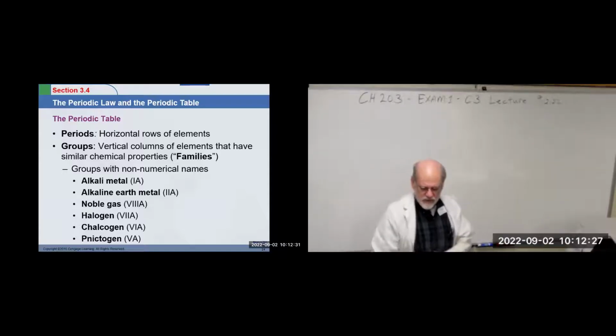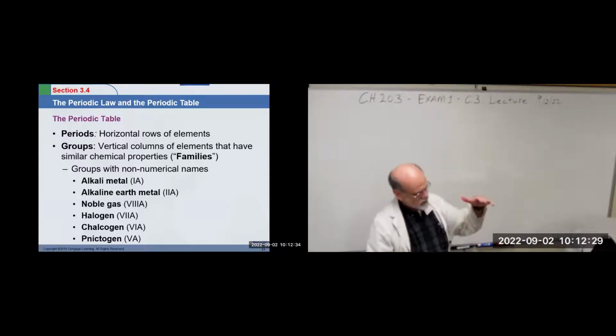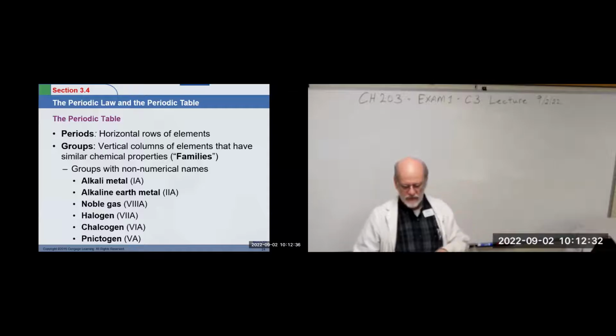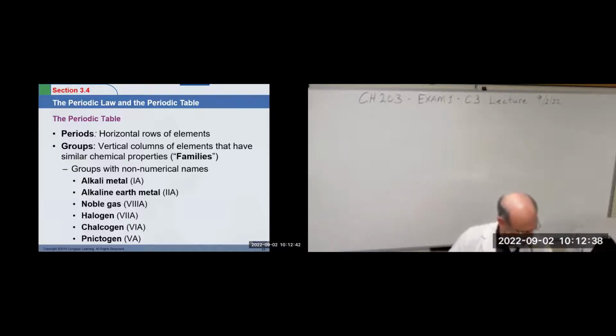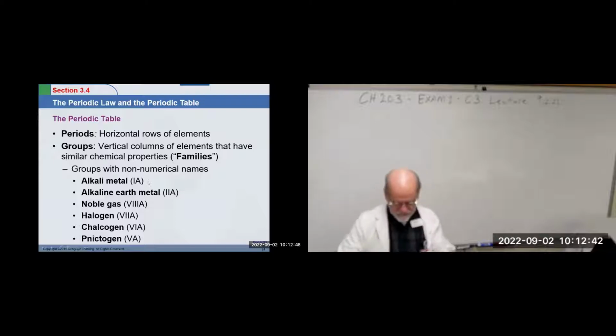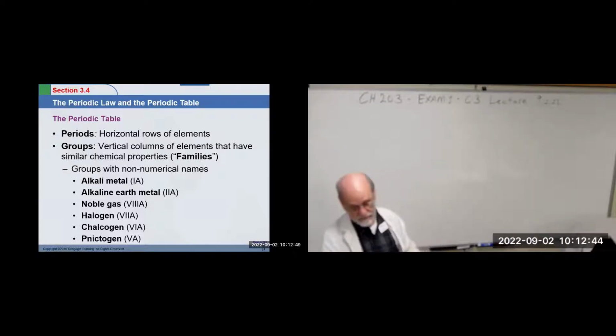Okay, so the periods are horizontal rows, and some of the groups or families have names. Right? So this first group, let's see, yeah, they have different names there, and I will point out these 1A, 2A, 8A, 7A, 6A, 5A.